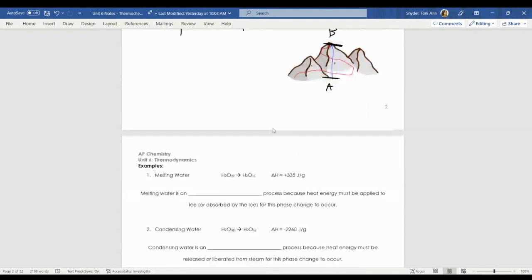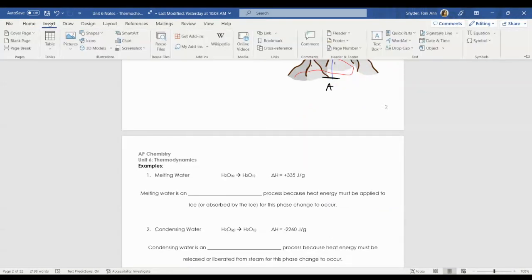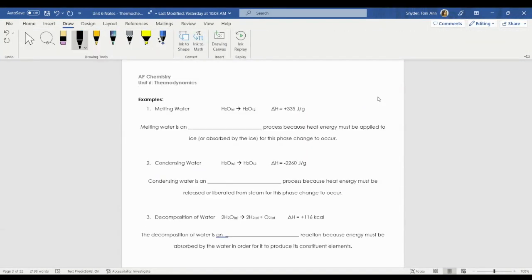Let's talk about some examples of endo versus exothermic reactions. So here's an example, melting water. So I have water in the solid phase becoming liquid water, so it's melting. And we'll see that a lot of times in reactions, we haven't really talked about energy content yet. We're going to start introducing more of energy now.